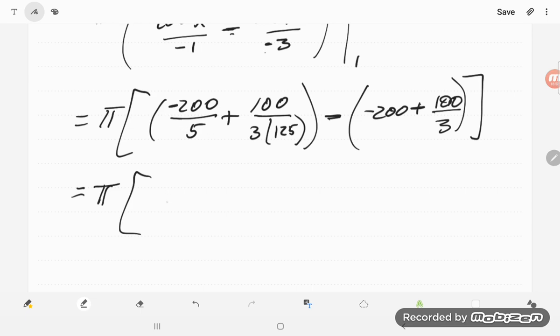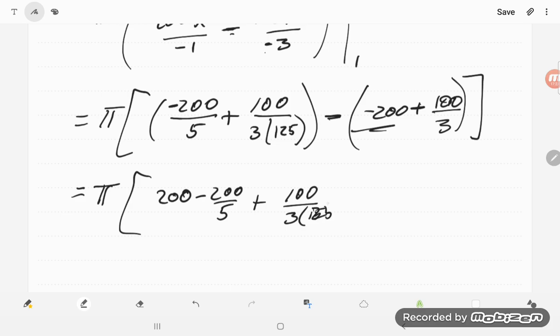Here, so we have a 200 from there, minus 200 over 5. And so I'm going to deal with that one. And then I have the 100, so plus 100 over 3 times 125.